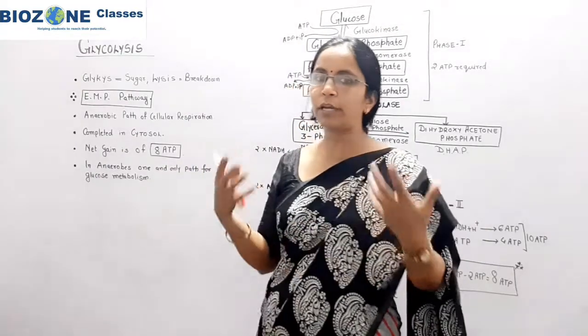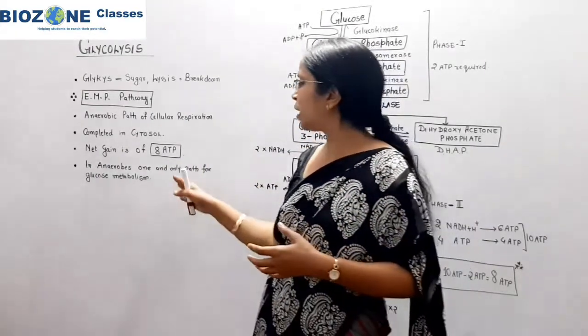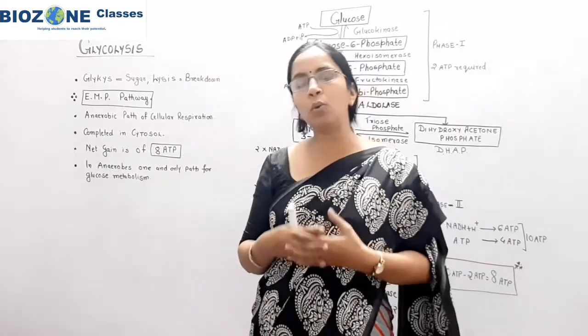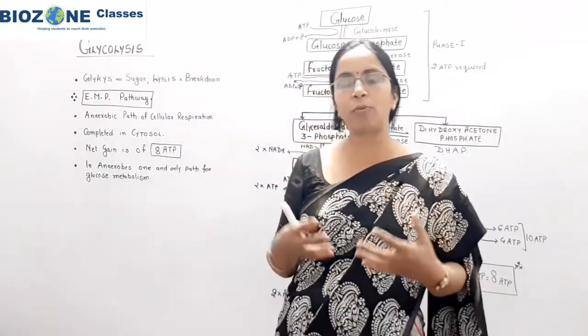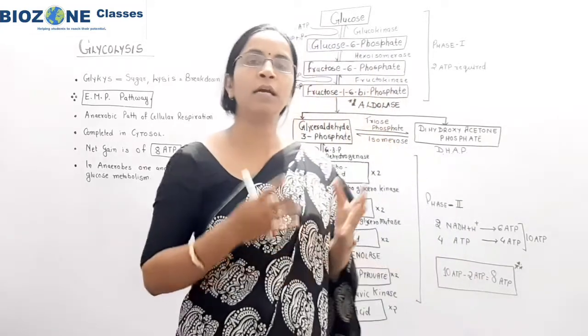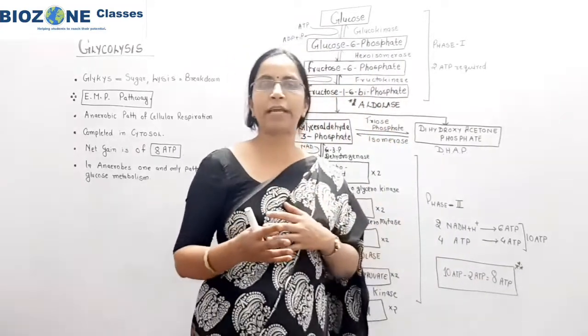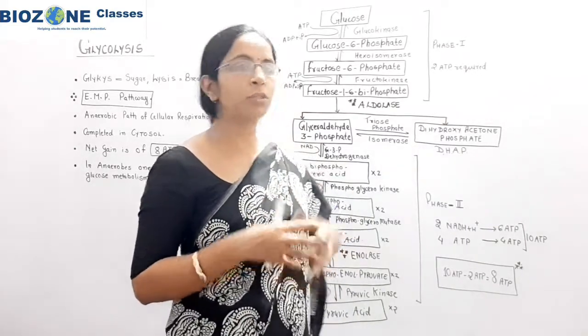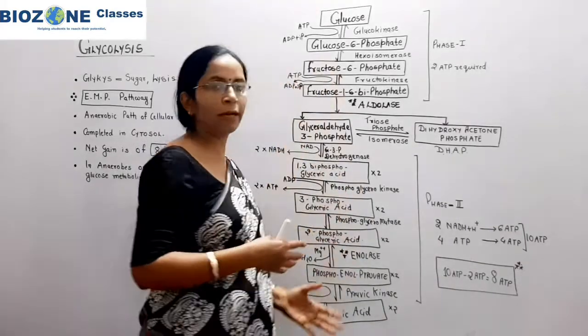And again, we have already discussed that in anaerobic organisms this is the one and only path for glucose metabolism, whereas in aerobic organisms or aerobic cells, glycolysis as well as the Krebs cycle are responsible for the complete metabolism of glucose. Now I come towards the pathway.